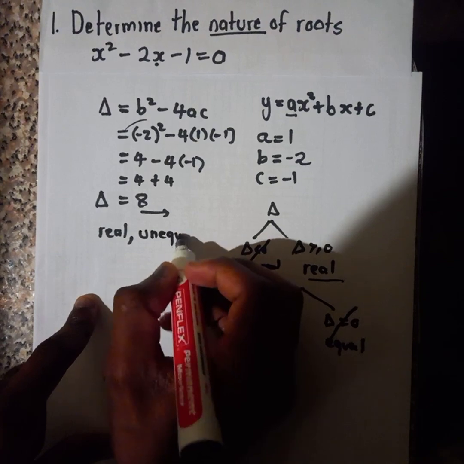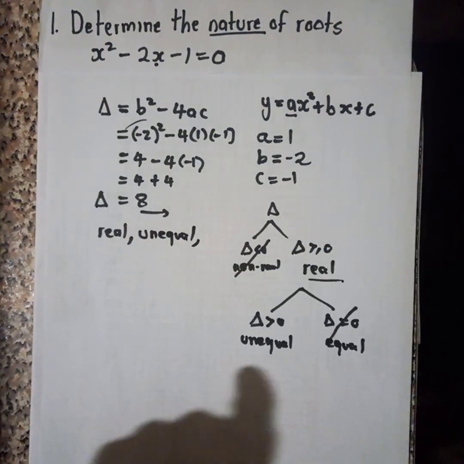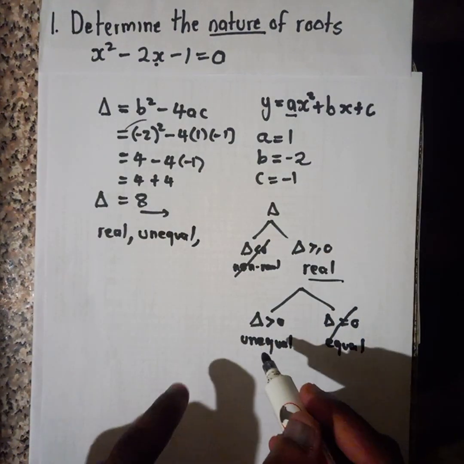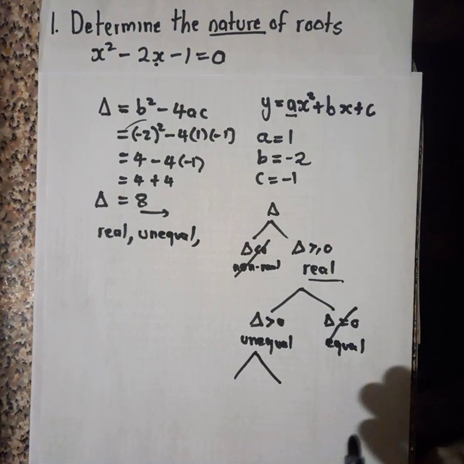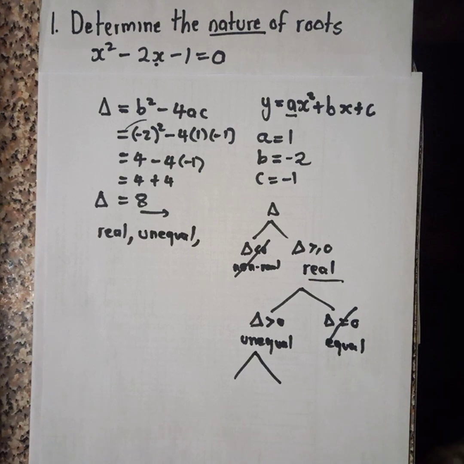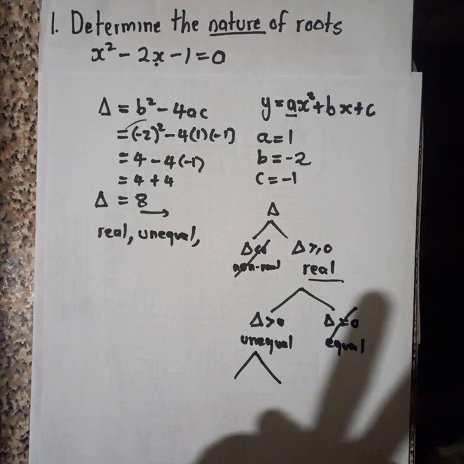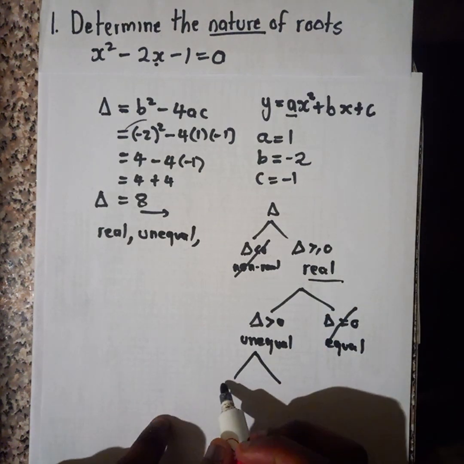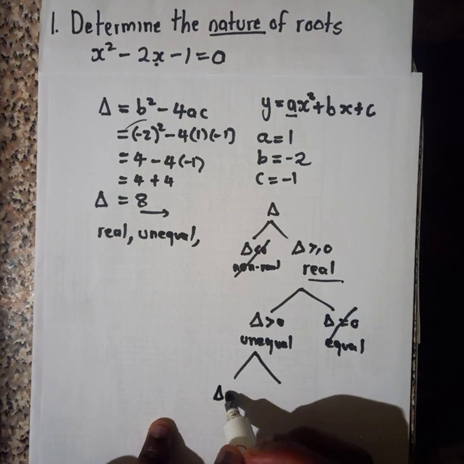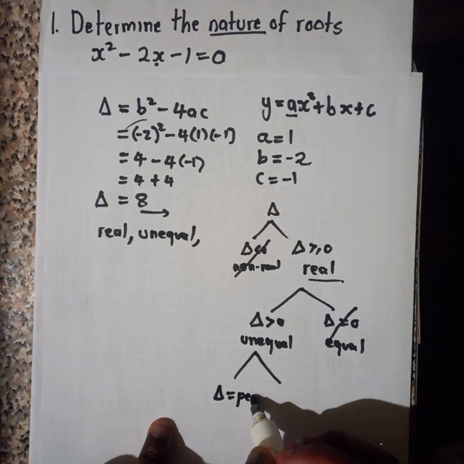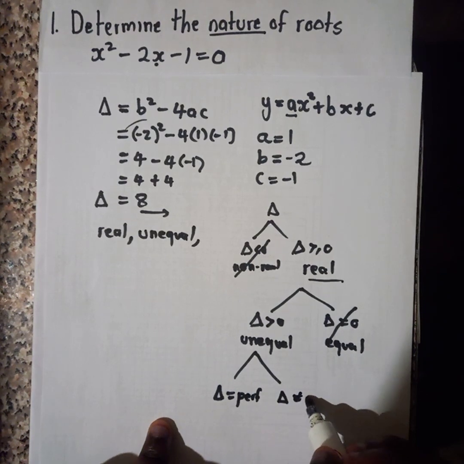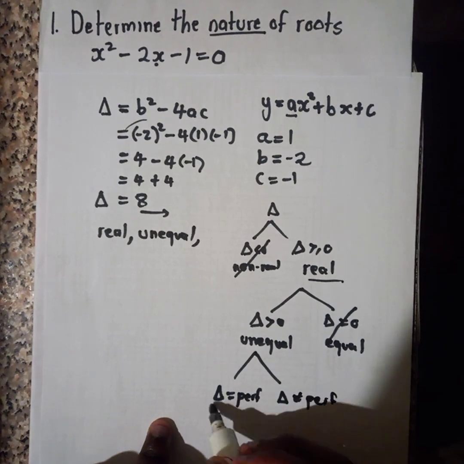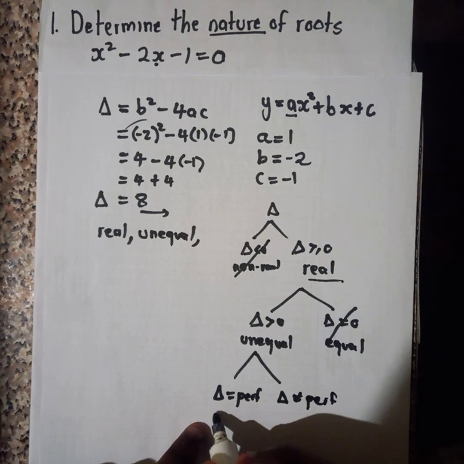And my fellow learners, don't forget that we said the very same discriminant of greater than 0 further branches into 2. The first one is a perfect square. Then another one was not a perfect square. Underneath the first one, we wrote rational.